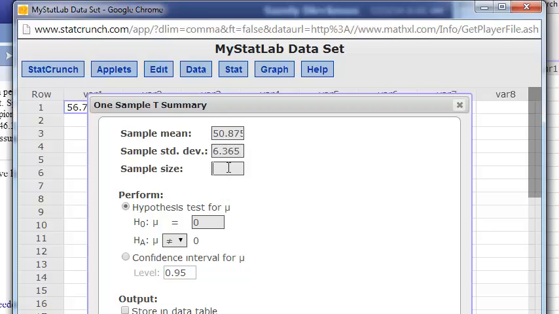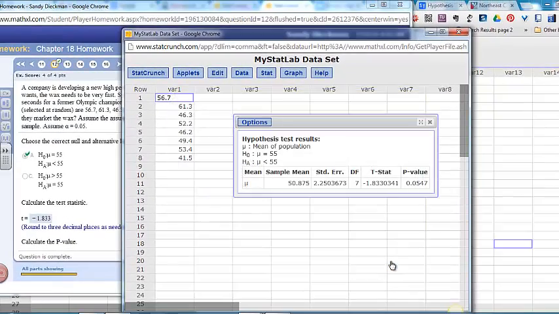My sample size was 8. For my hypothesis test, my population mean was 55 seconds, and my alternative hypothesis was less than, so I'm going to change that to less than. I'm not doing the confidence interval, so I can ignore this, and I'm going to hit compute.